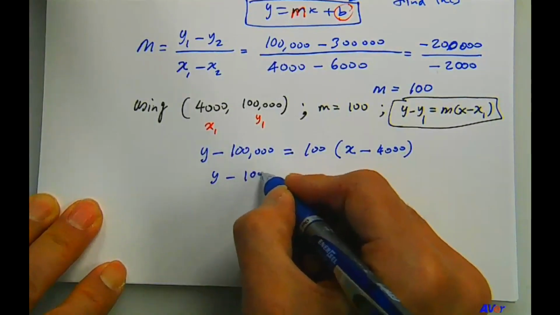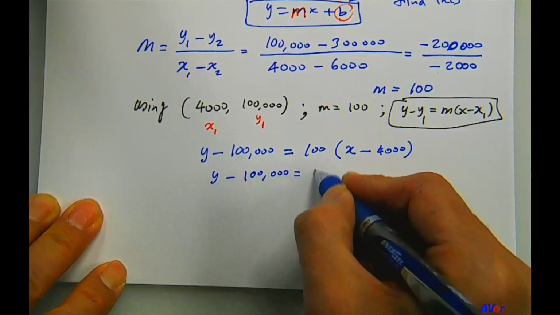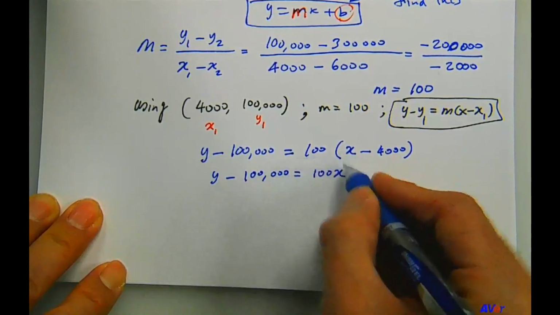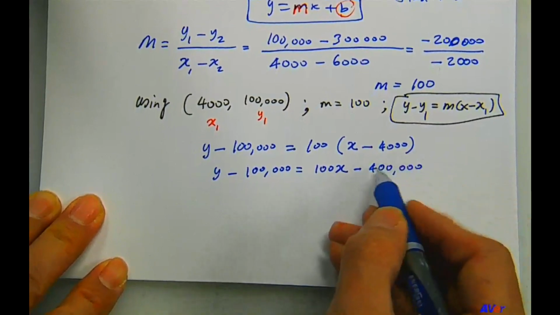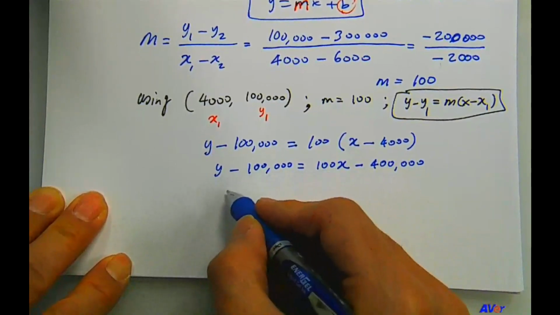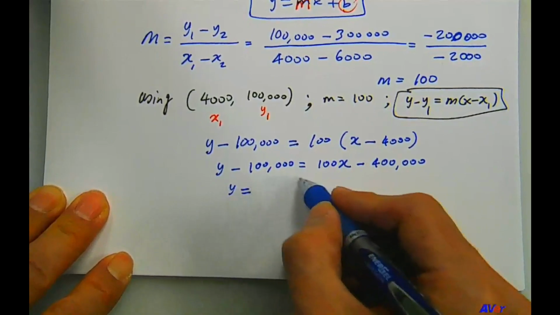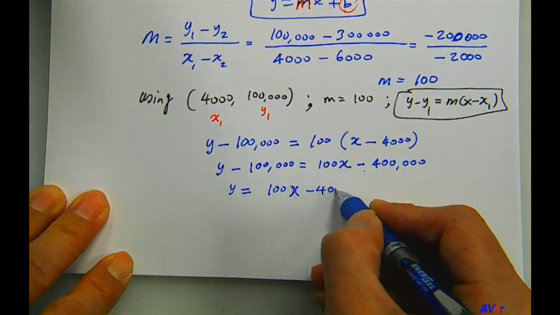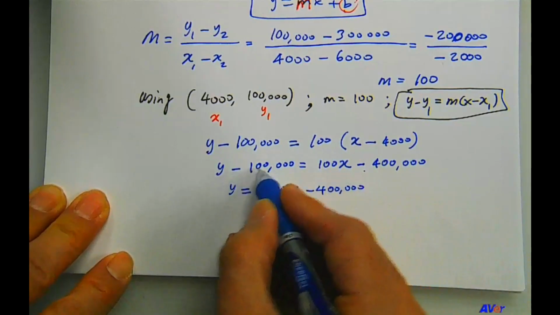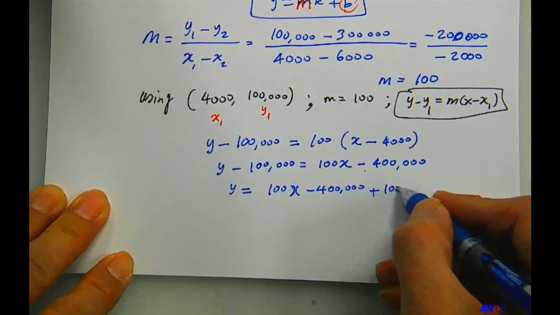So y minus 100,000 equals 100x, distribute this, minus 400,000. And then doing the algebra, we have y equals 100x minus 400,000 plus 100,000, right?